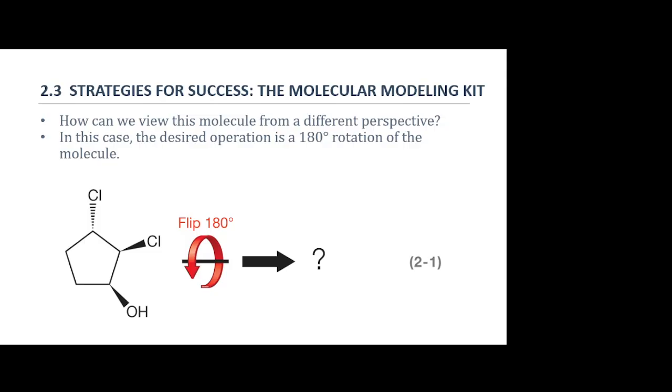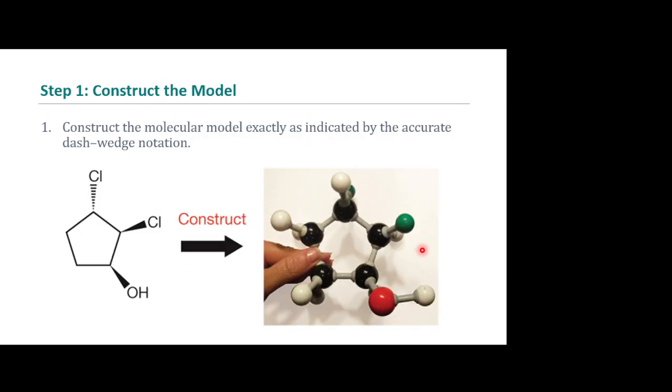Okay. So one of the ways you could do this, you can construct a model, of course, using a modeling kit. It looks like this. Okay. And see how the oxygen is coming out towards you in the model. Chlorine coming out towards you in the model. Chlorine up here going away from you. Everybody see that okay? Okay. So if you flip this, what is this going to look like?